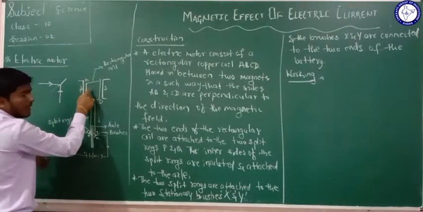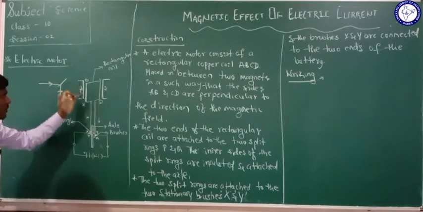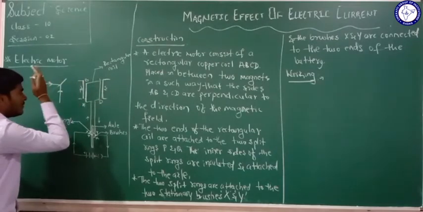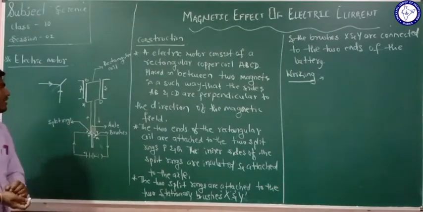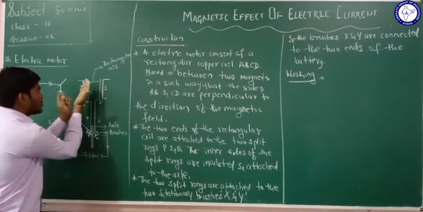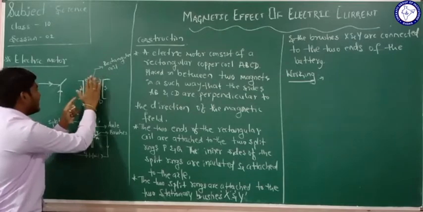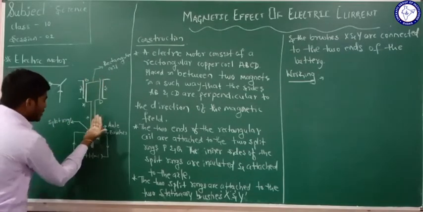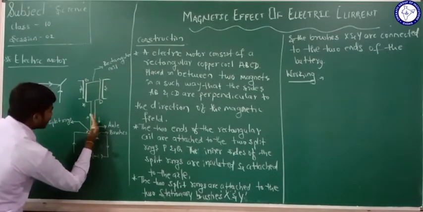This side of the coil will be pushed down, that is AB, the side AB will be pushed down. What happens here, then this coil comes here, this is pushed down, and the CD comes here now, isn't it? So this coil rotates like this.